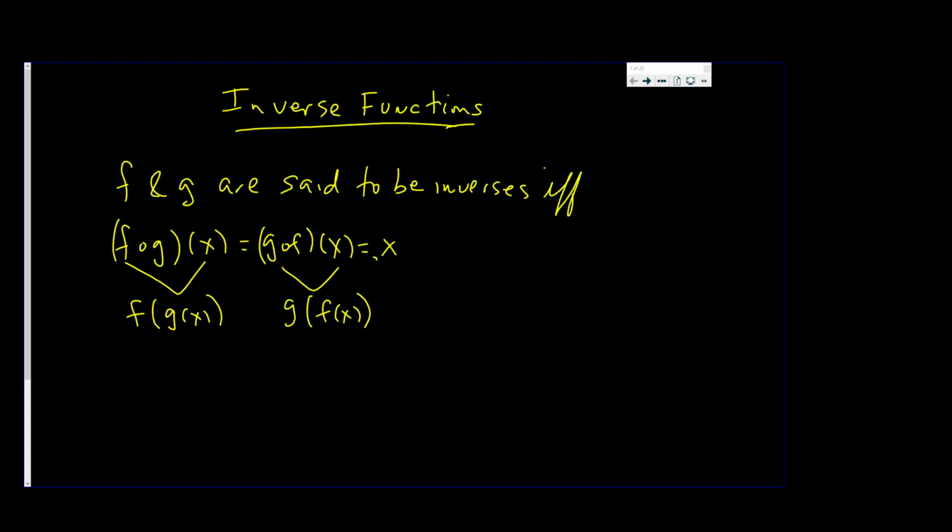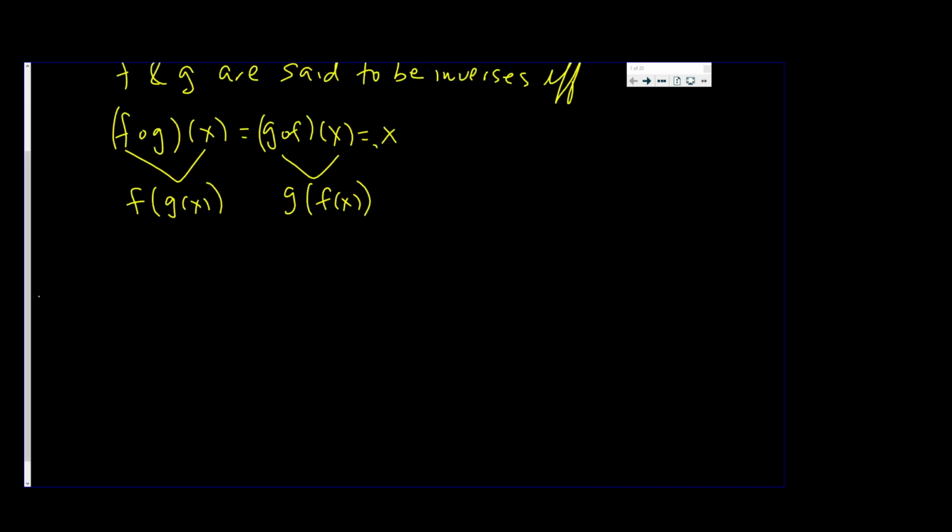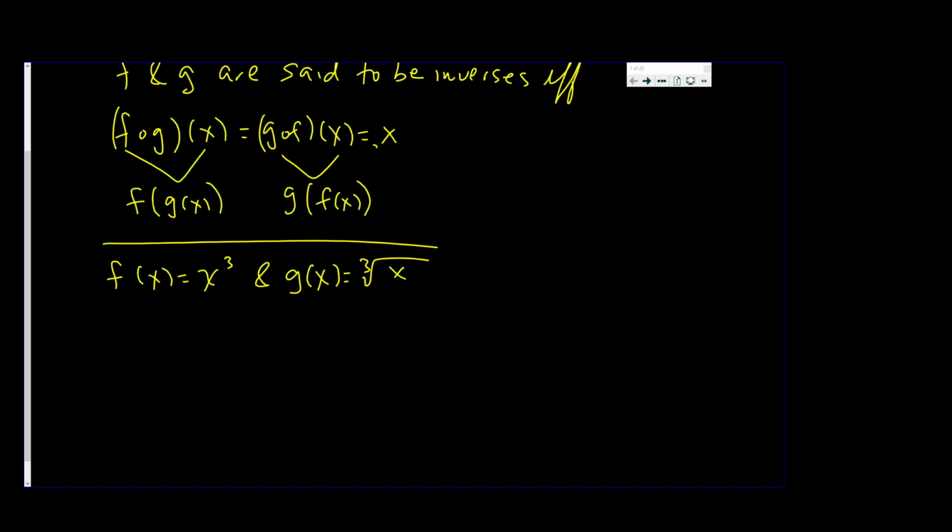So, how about we look at some problems where we try to calculate the inverse, or we verify that two functions are inverses. So you have f of x equals x cubed, and g of x is equal to the cube root of x. Are they inverses?